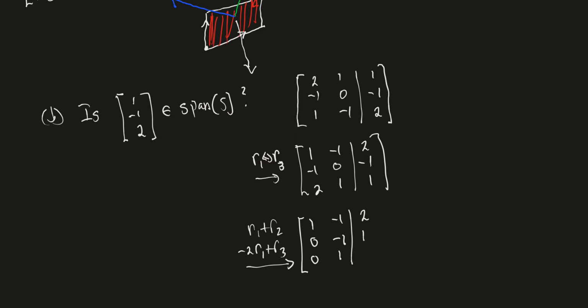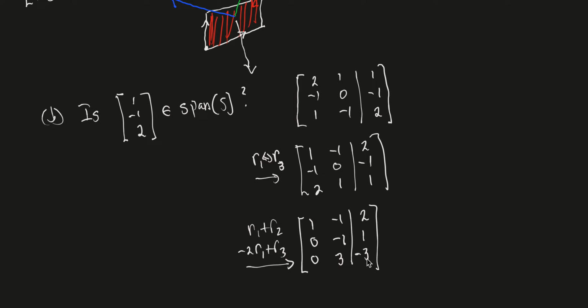Okay, all right, so I think I made an arithmetic error here. We're taking -2 times row 1, adding it to row 3. So that becomes 2 plus 1, so that gives us 3. And then -2 times 2, that's -4, plus 1, that's -3.